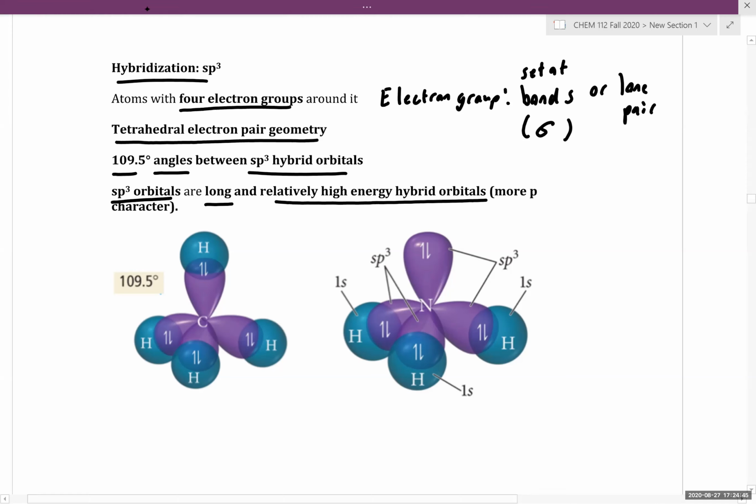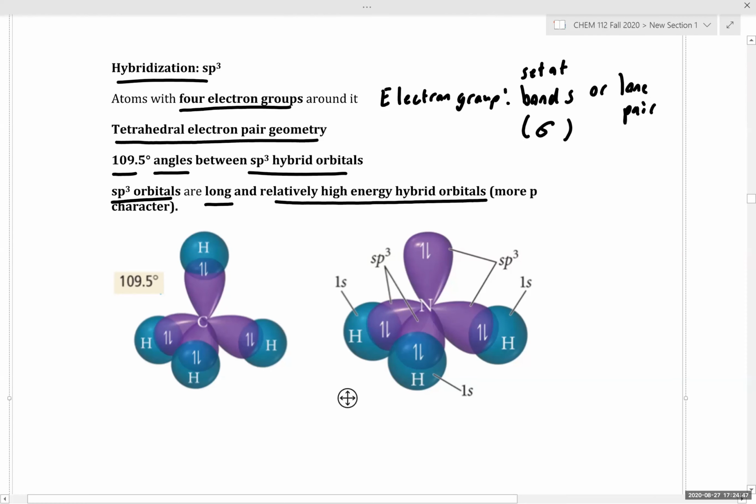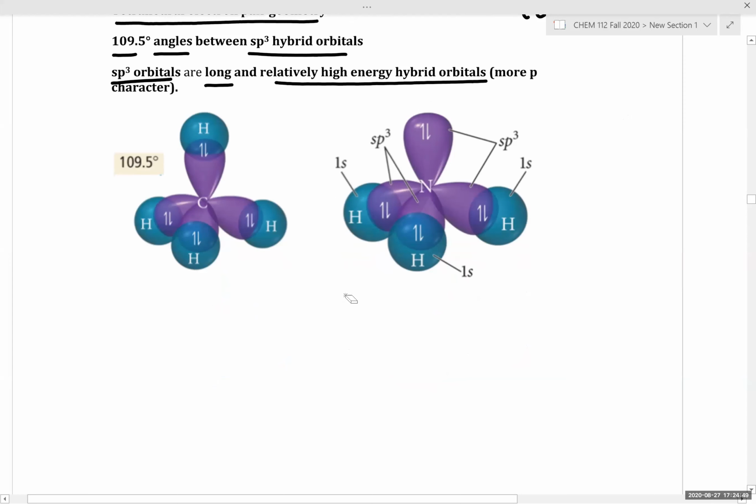So let's look at 2 examples for sp3 hybridized atoms. The first example we have is methane, CH4, where our carbon has an sp3 hybridization. The other example is ammonia, where our nitrogen in turn has an sp3 hybridization.